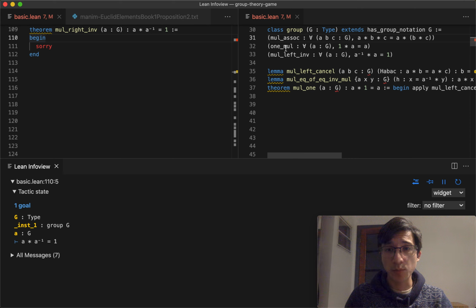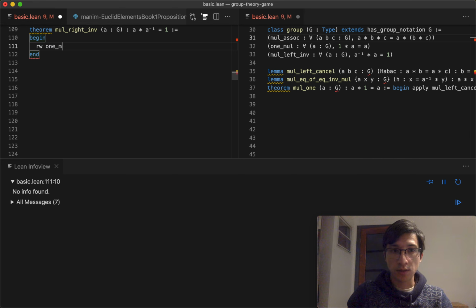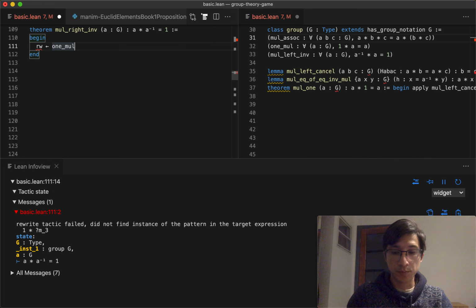We could use one_mul in the left direction to make a 1 appear. However, we'll see that this doesn't really bring us closer to our goal.